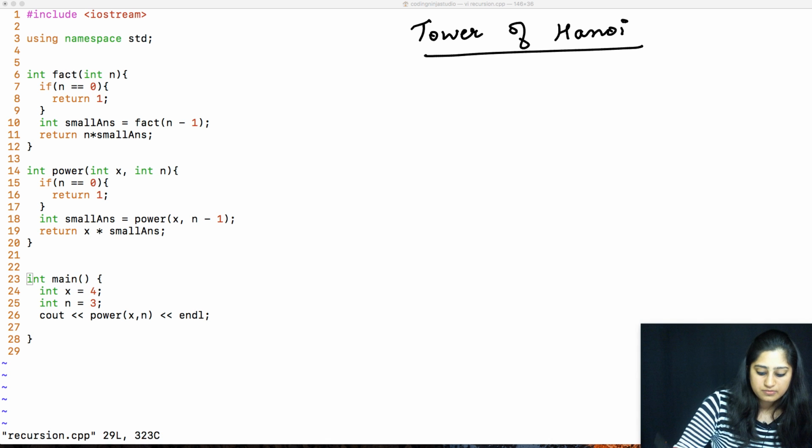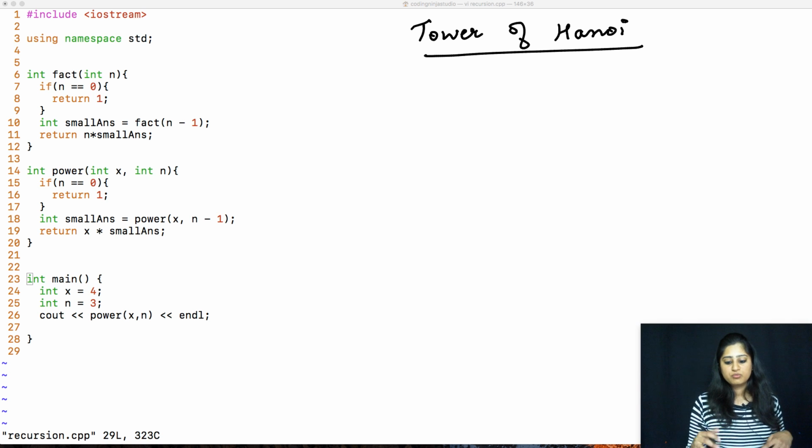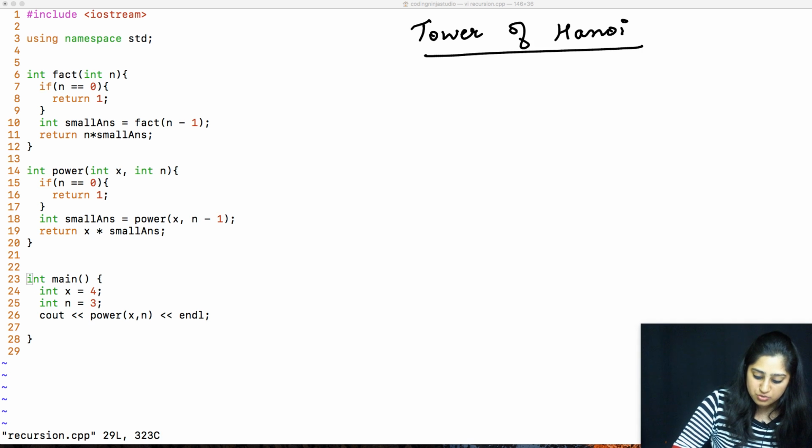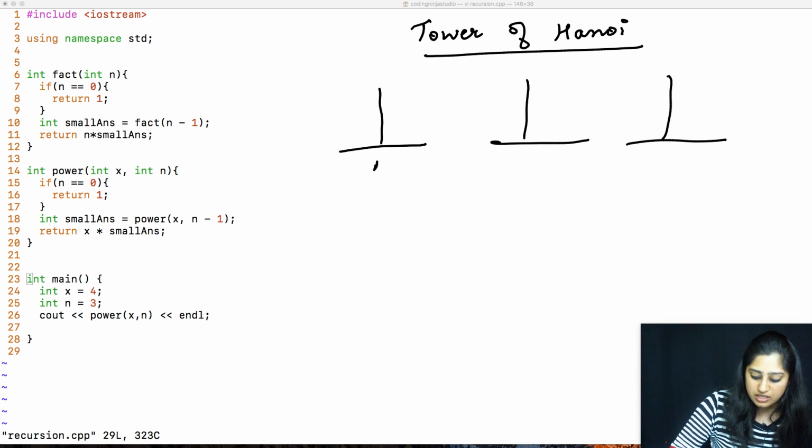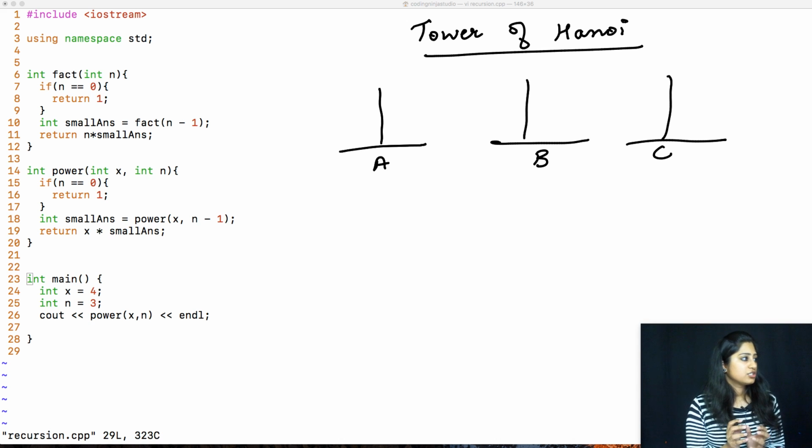Okay, so before moving on to everything, let's first understand what Tower of Hanoi actually is. The Tower of Hanoi problem says that you have 3 rods with you, and I'll call them A, B, C, and rod A has a certain number of discs in it.